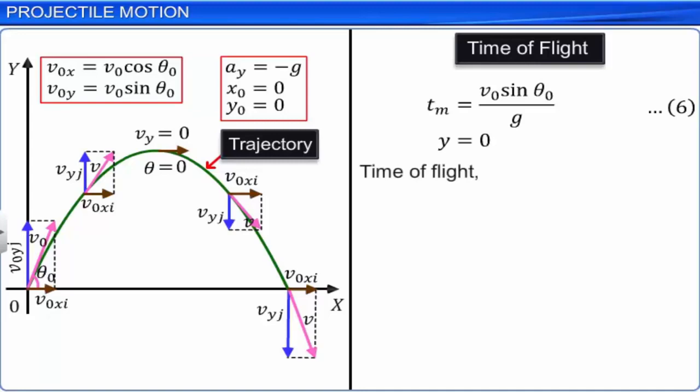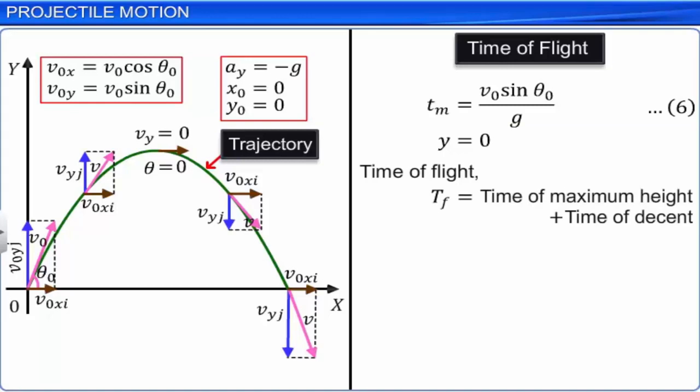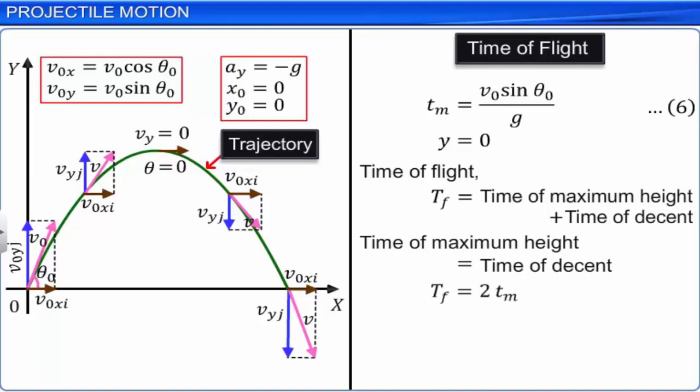By the symmetry of the path of the projectile, which is parabolic, time of maximum height is equal to time of descent. Therefore, Tf is equal to 2Tm. On substitution, we get Tf is equal to 2V0 sin theta 0 by g. Let this be equation 7.